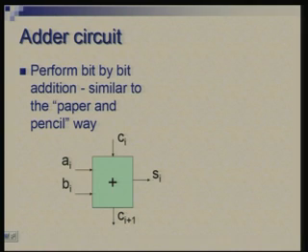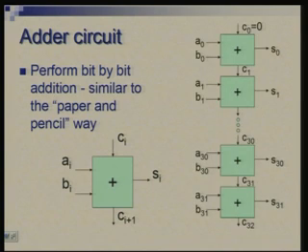So, this is a module which performs 1 bit addition, and a circuit to add two 32 bit numbers is nothing but a cascade or an array of 32 such units. The carry signals are those which connect one unit to the other and form a chain.